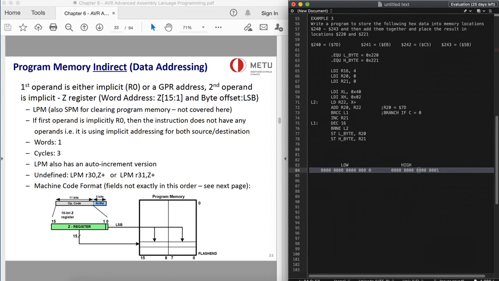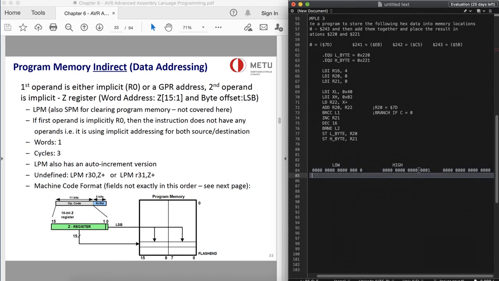Let's say this is address 000. Then once again the low byte this time, so that's 0, this is 1 for the high byte. So the least significant bit of register Z is defining that.